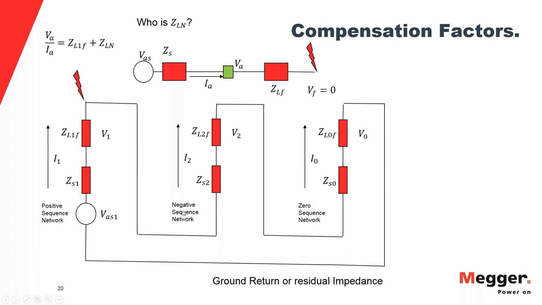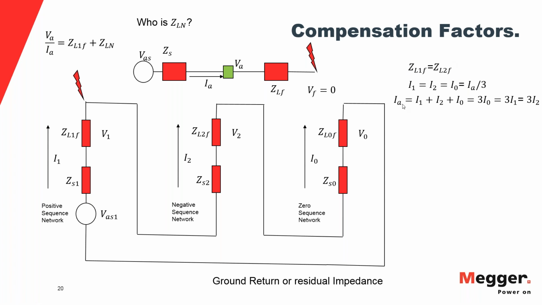Then we have the same for the negative sequence network with its own currents and impedances, and for the zero sequence network with its own current and its own impedance. In this case, the three currents are the same. We also know from the line design that the positive sequence impedance and the negative sequence impedance are the same.